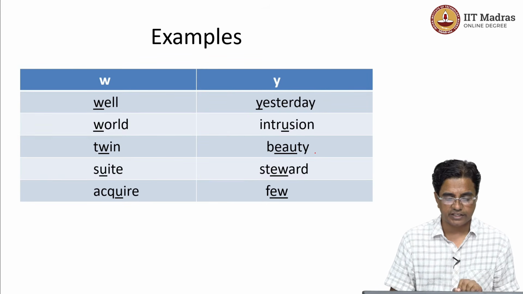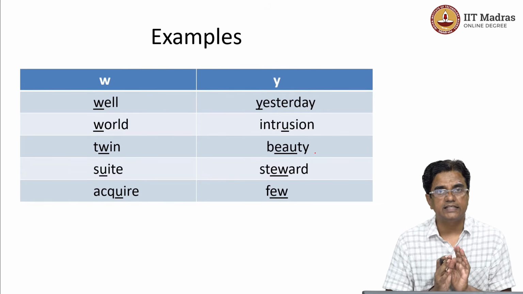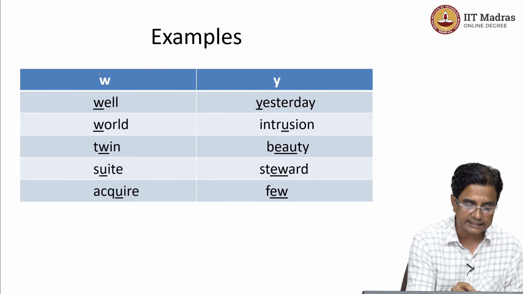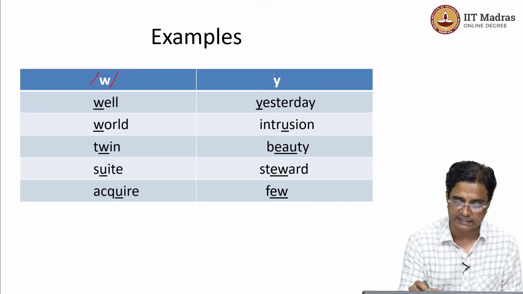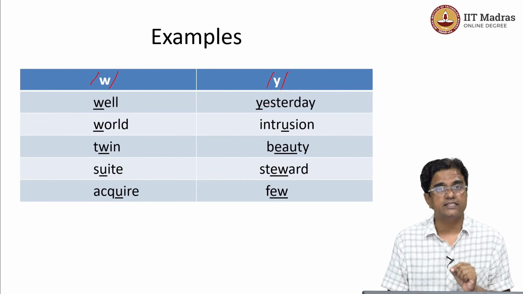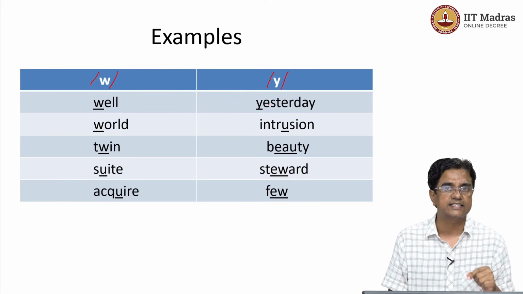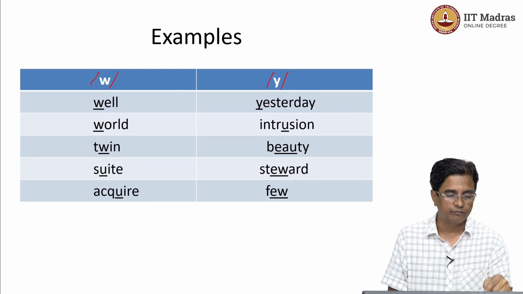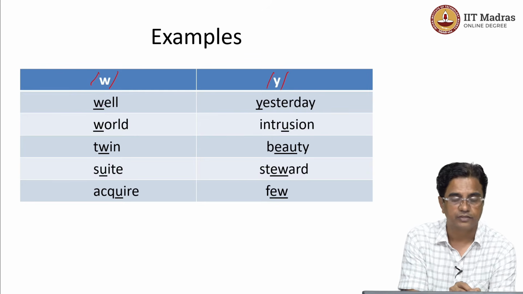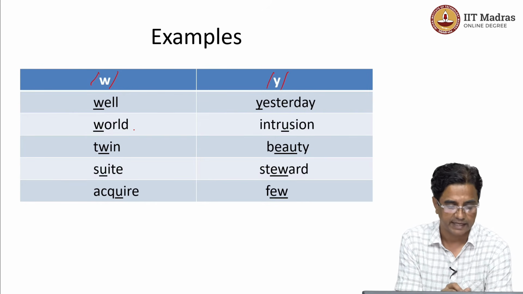Now, an important point to note here: remember, these are sounds, and they are written this way with these symbols. But these sounds appear in words not always when we spell a word with these symbols. In some words they do, like well, which is spelled with W. World, you see the same thing happening.